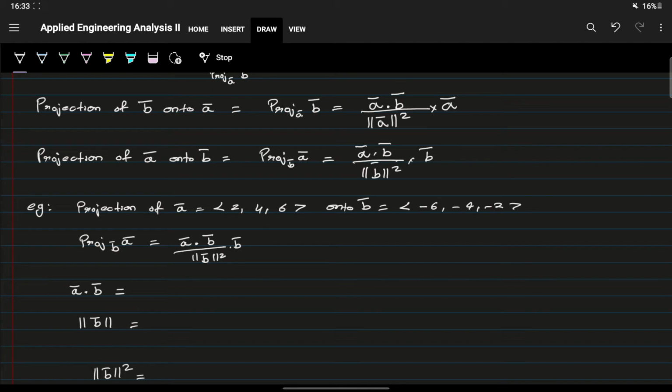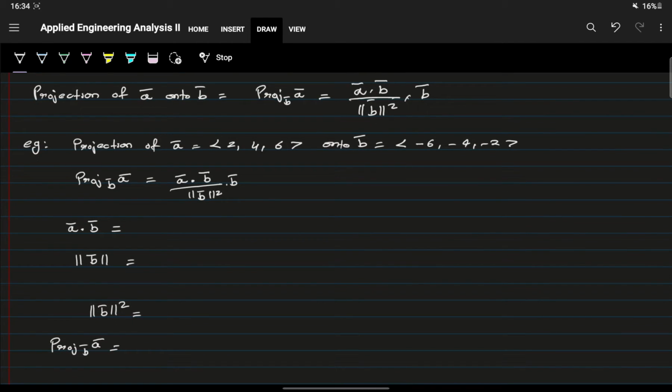Let us see an example. We need to calculate the projection of A bar (2, 4, 6) onto B bar (6, 4, minus 4, 2). The projection of A on B is provided by the formula A dot B by magnitude of B squared, times B. Let us first calculate the dot product of A and B, that is 2 into minus 4 plus 6 times minus 2, and so on.